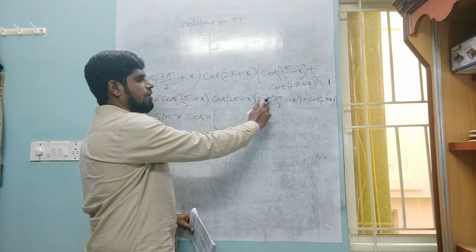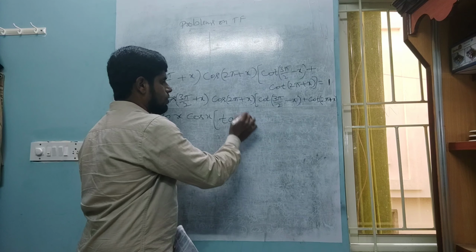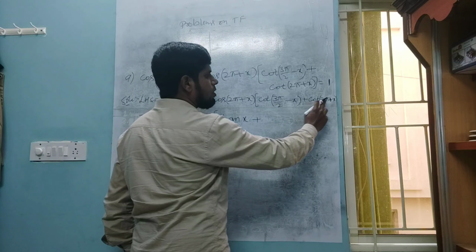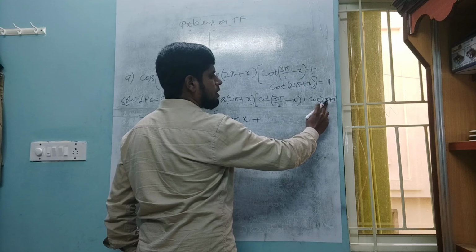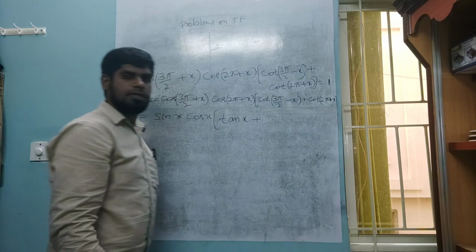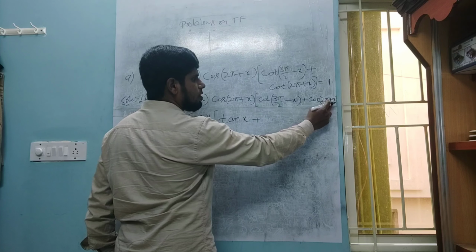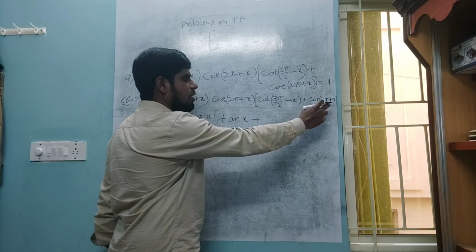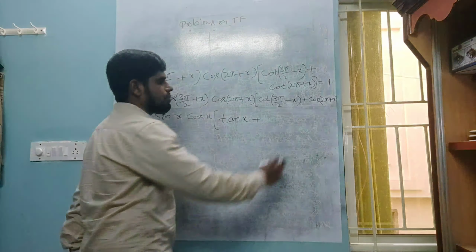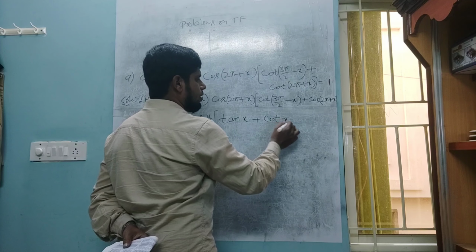But because of 270, cot becomes tan, so it becomes tan x, plus cot(360 + x), which is 2π + x. First quadrant, all are positive, so cot is positive, and because of 360, cot remains cot x.